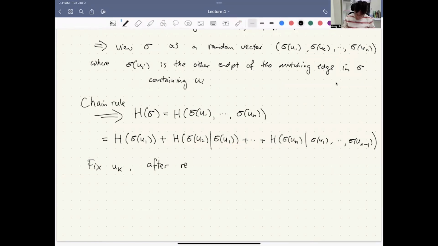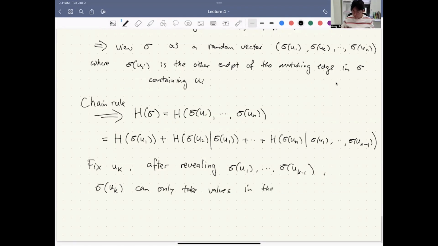So after revealing sigma U1 to sigma UK minus 1, where UK can go, the other endpoint can only take values in the set of unused neighbors.